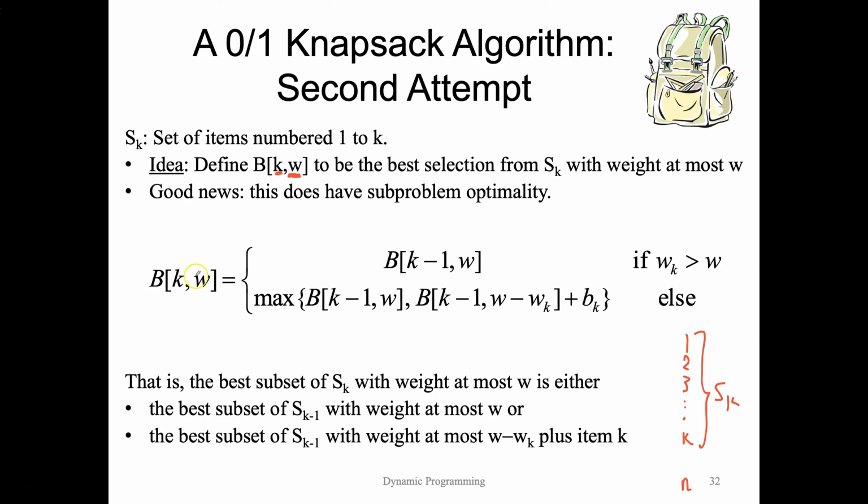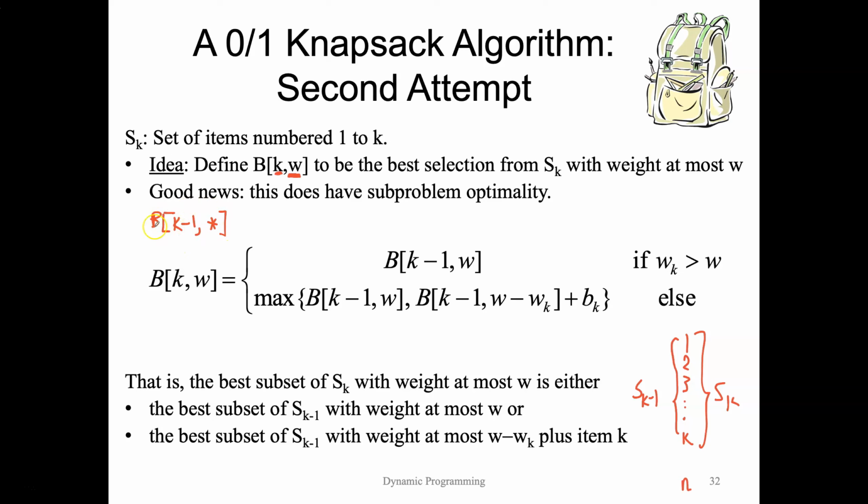Either when we get to this kth item that we consider, suppose we had already a solution for the best way that we could pick from the first k minus 1 items. Right? So we had already, for every possible weight, let's say we had already figured out, this was our smaller size problem, the best way to pick from the first k minus 1 items of any capacity.